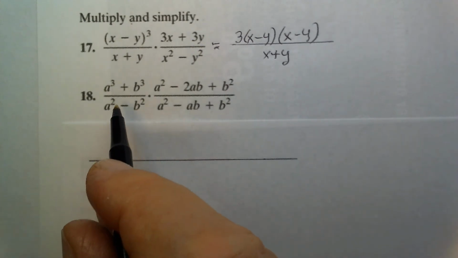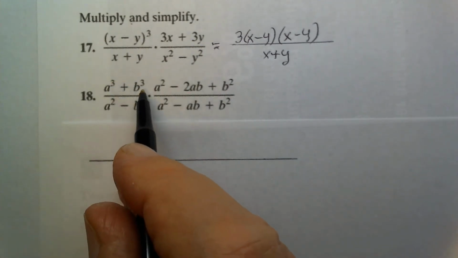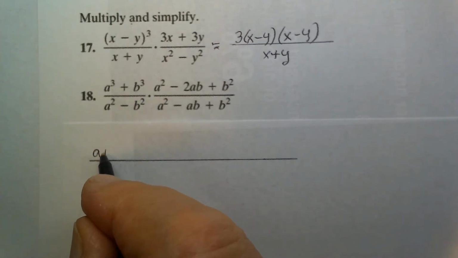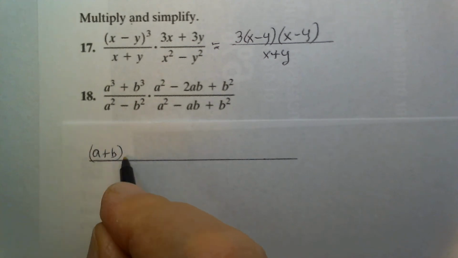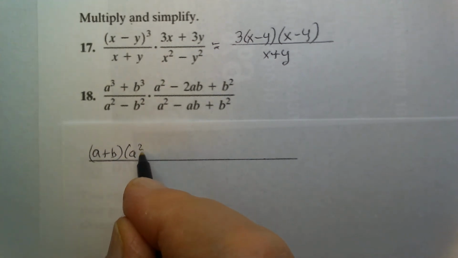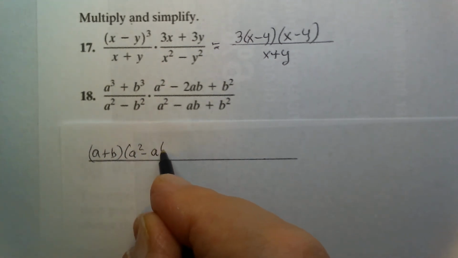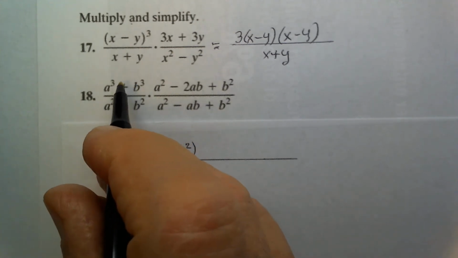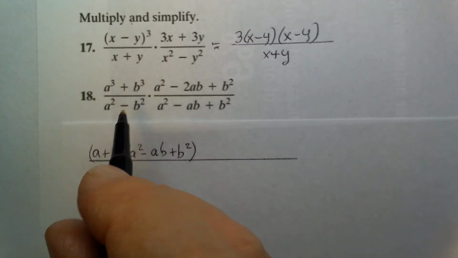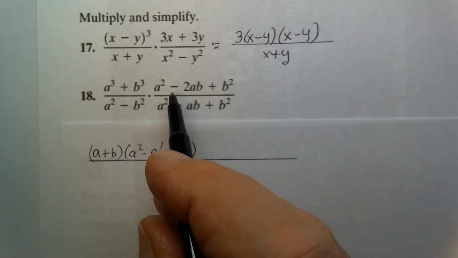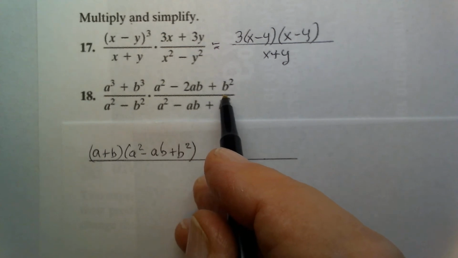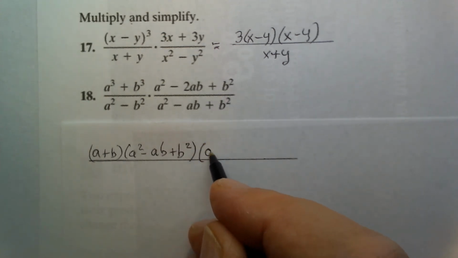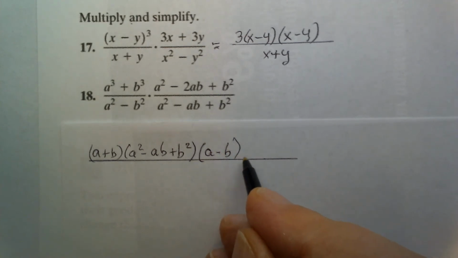When we look at number 18, we notice that a to the third plus b to the third is the sum of two cubes, and it factors into a plus b times a squared minus ab plus b squared. So that's the equivalent of a to the third plus b to the third. Then a squared minus 2ab plus b squared, that's a perfect square. It's a minus b times a minus b, or a minus b squared.